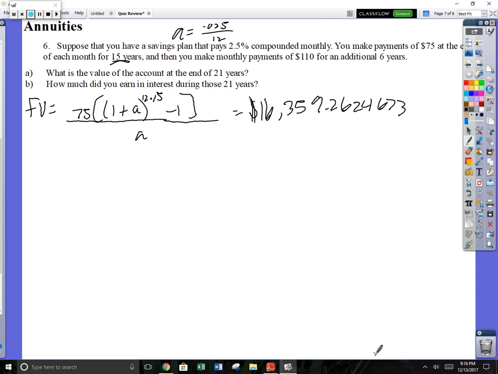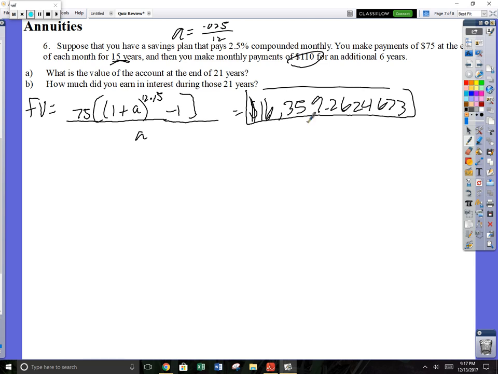Now I am going to change my monthly payment. I can afford more, so now I'm going to up it to 110. Okay, now this is part 1. So this money that I made, this 16 grand, it is going to continue to compound monthly at 2.5%.